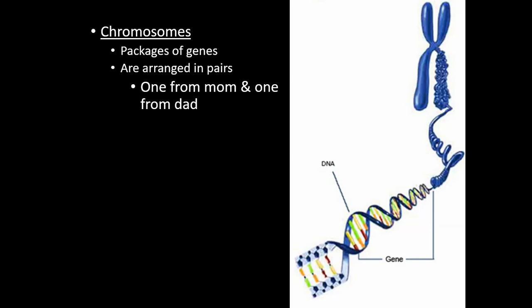And just like before, you get one of the pair of chromosomes, or one half of the chromosome, from your mom, and the other chromosome from your dad. Each chromosome contains one allele. So if we're talking about eye color again, you get one chromosome from your mom that contains an allele for eye color, and you get one chromosome from your dad, which also contains an allele for eye color.